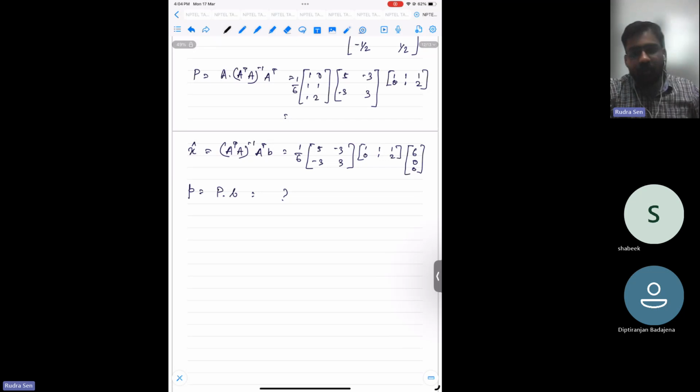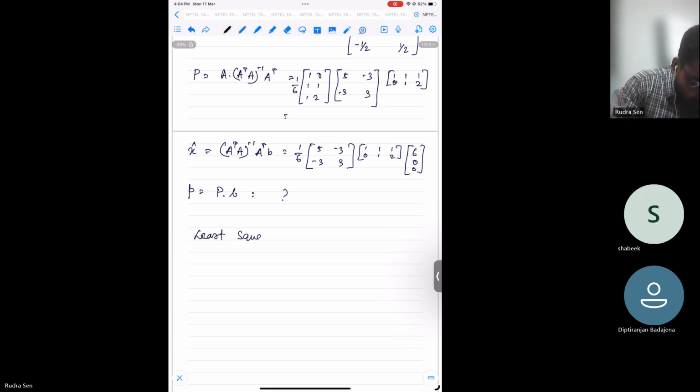This projection on a subspace is very similar to the least squares approximation.